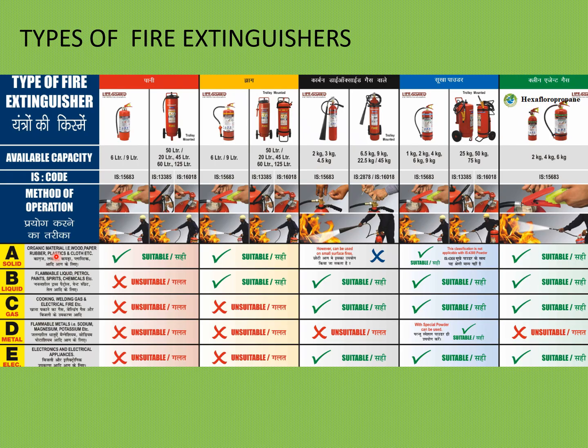The next rows show whether a particular type is suitable or not for class A fire, class B fire, class C fire, class D fire, and class E fire also, because internationally there is class E fire also. So this shows you which particular type is suitable for use in a particular type of fire.